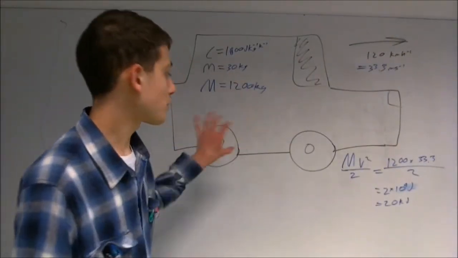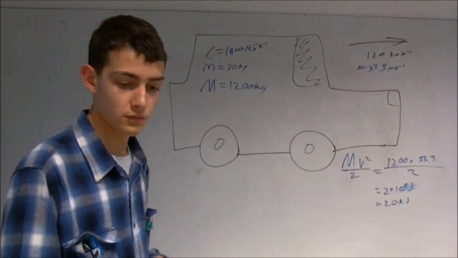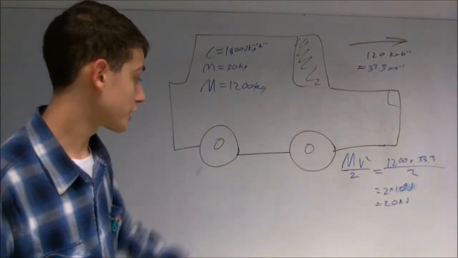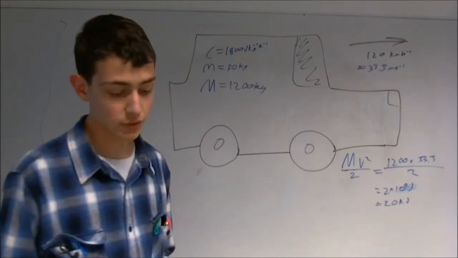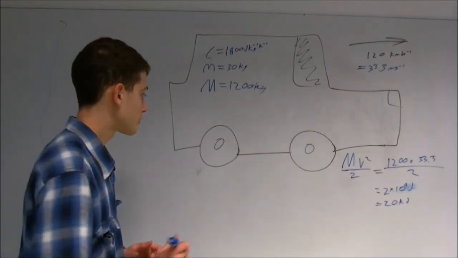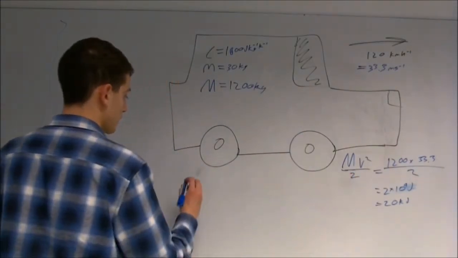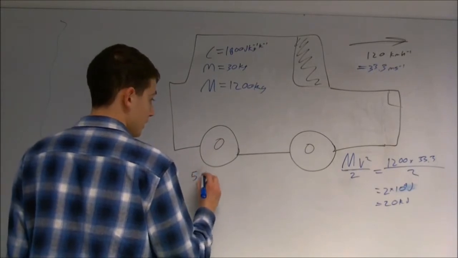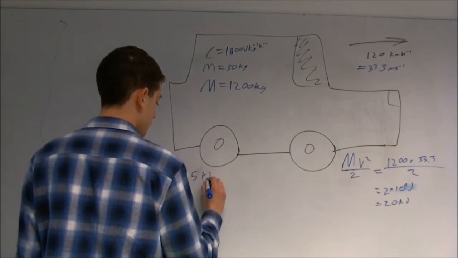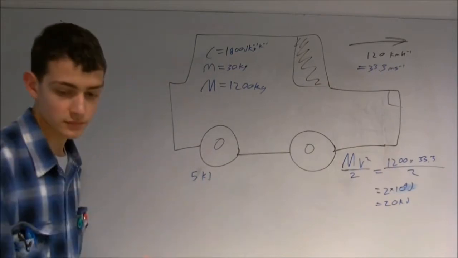So what temperature does that raise the tires by? Well, there are 4 tires, despite the fact that I've only drawn 2. So each one will get a quarter of that, so each one gets 5 kilojoules pumped right into it.